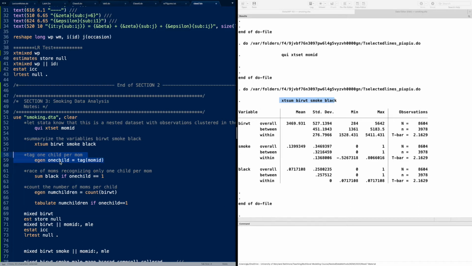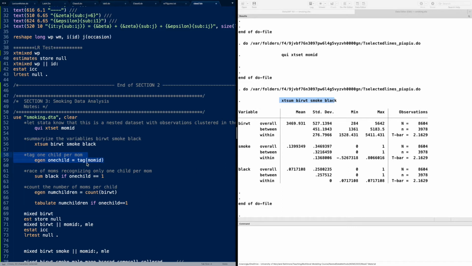Here I say egen one child, and that's just picking one child. And incidentally, it's going to pick the first one. So if it matters which mother is selected, for example, if I were interested in the age at first birth, then I would need to sort my data by mother's age so I have the first birth at the top.